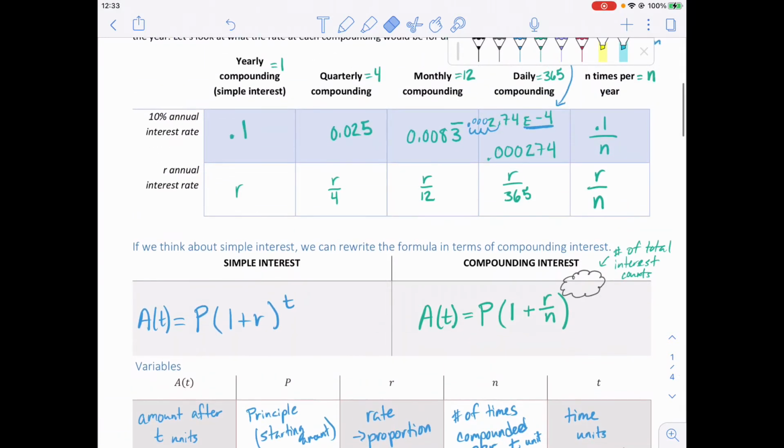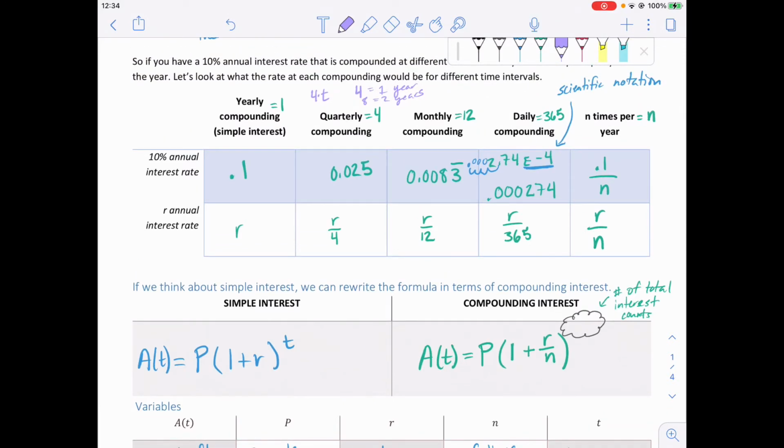If we're compounding 4 times a year, then there's 4 for 1 year, right? If we do 2 years, that'd be 8 times. In general, we're going to have 4 times the number of years. That's the number of times we take interest.